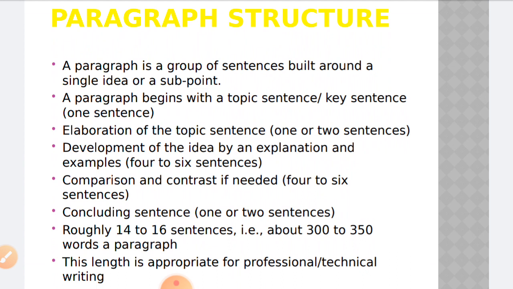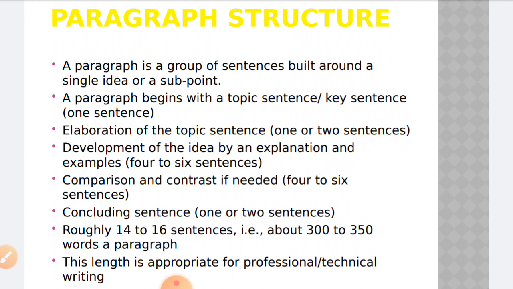A paragraph begins with a topic sentence, a key sentence, usually one sentence. Elaboration of the topic sentence, which may be one or two sentences, and then development of the idea by an explanation and examples. That may be 4 to 6 sentences.